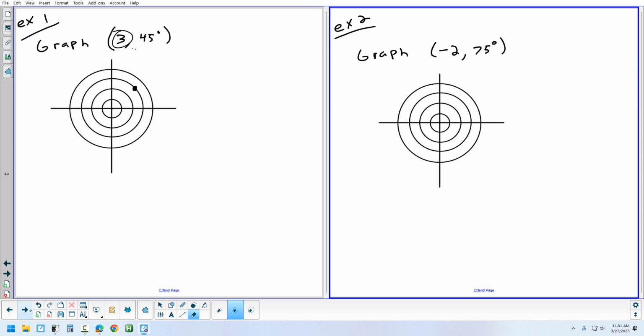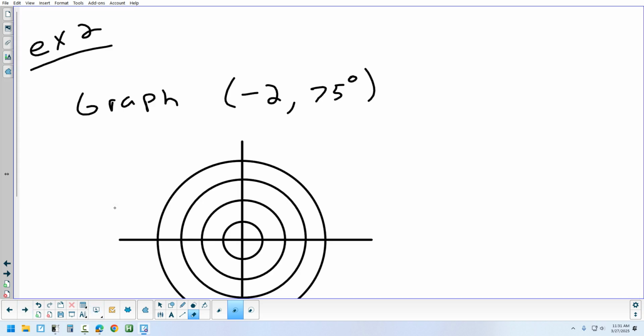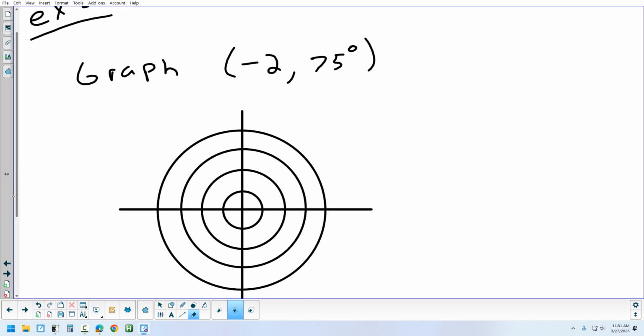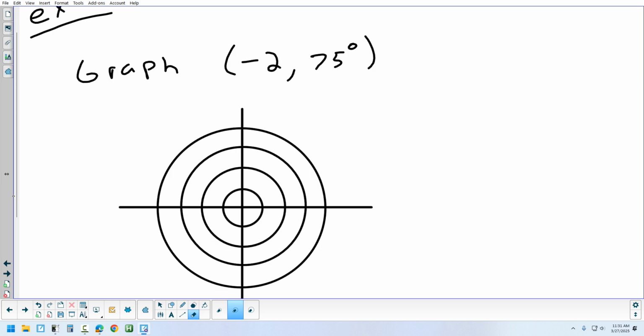Let's try this one. -2, 75. Okay, so that's a negative radius, positive angle. What am I going to start out by doing? Left 2. So we're going to start from right there. And then I'm going to rotate how many degrees? 75 counterclockwise.